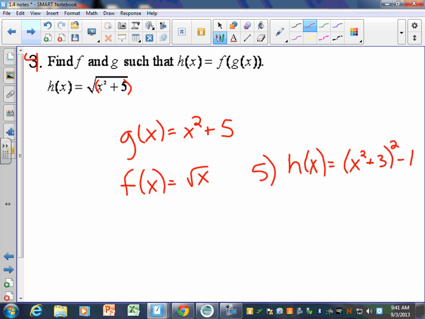So think for a minute about how you could write that. You probably could see the inside function, hopefully, and then think about what the outside function, or f of x, would have to end up being.